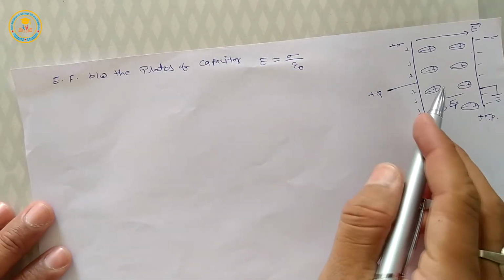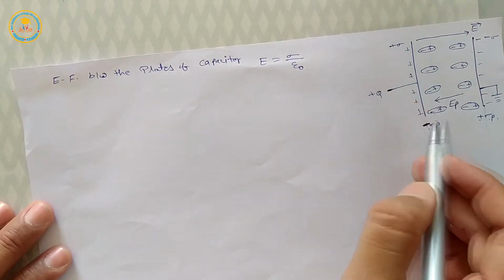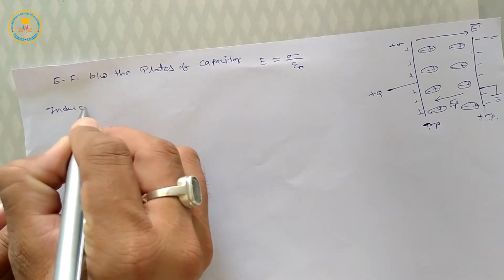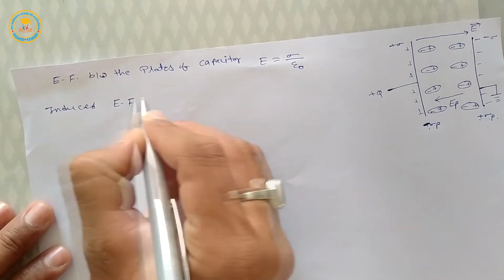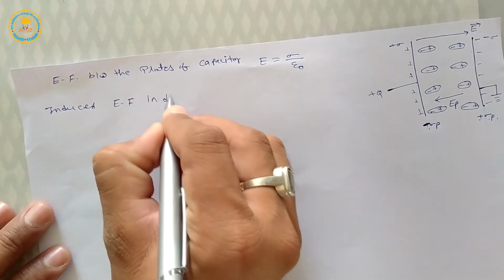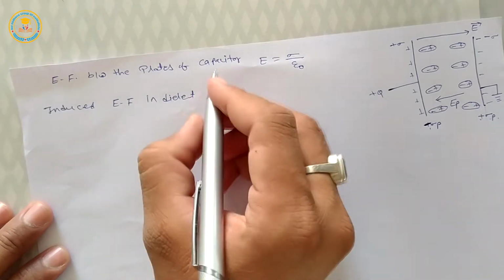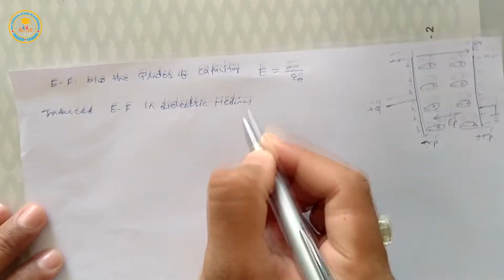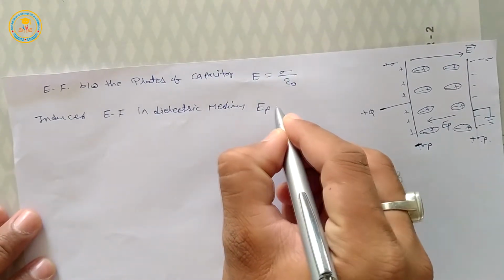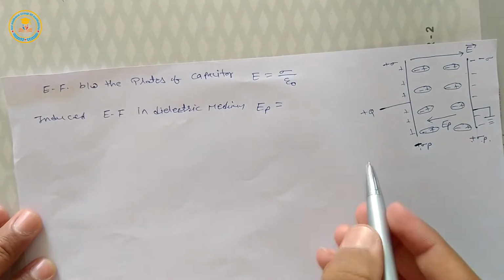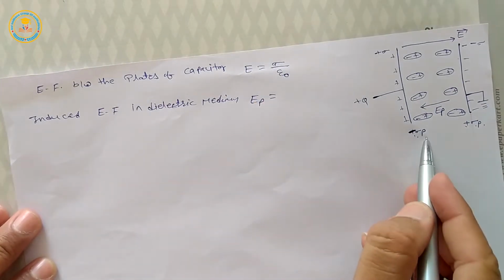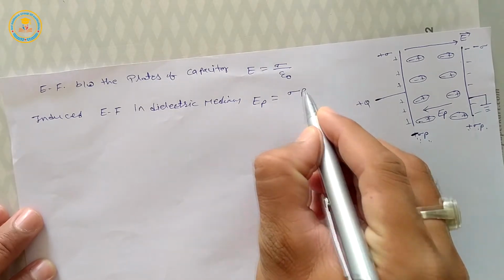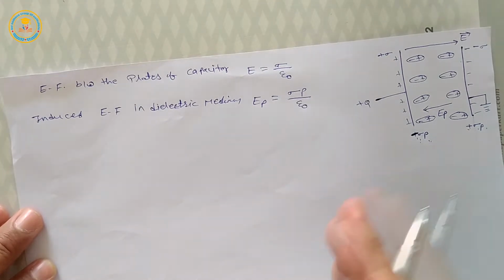Now we fill a dielectric medium between these plates. Then the induced electric field in the dielectric medium, EP, is equal to sigma p upon epsilon naught, where sigma is replaced by sigma p, the induced surface charge density.